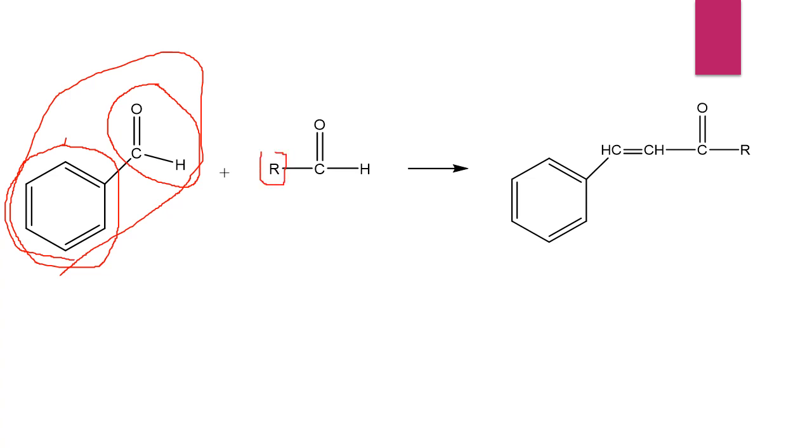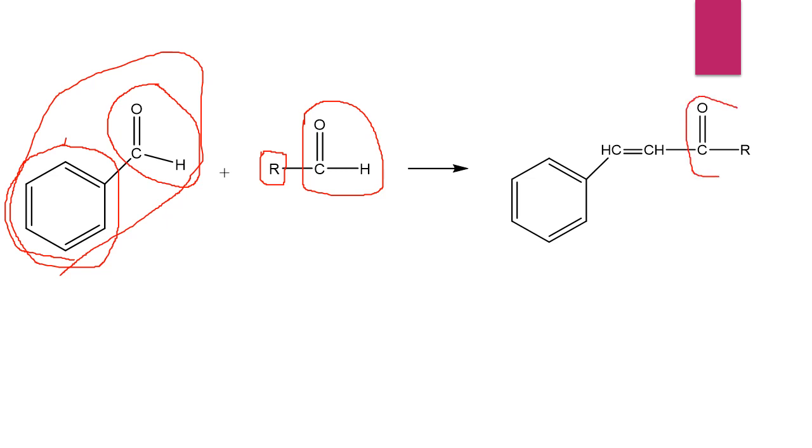This is a simple chain, where we can place R by hydrogen, methane, ethane, and so on. And this is also an aldehyde, so this is an aliphatic aldehyde, and the product formed is an alpha beta unsaturated carbonyl compound.